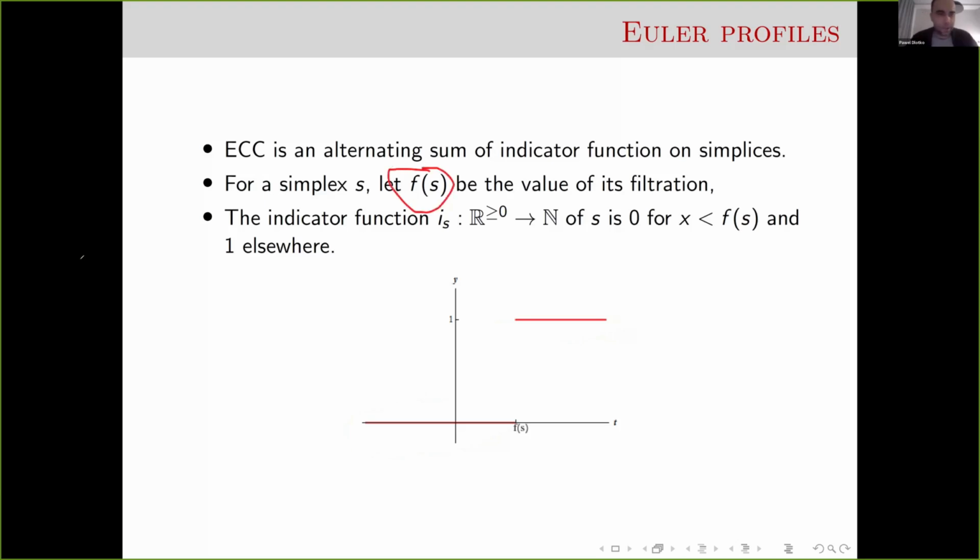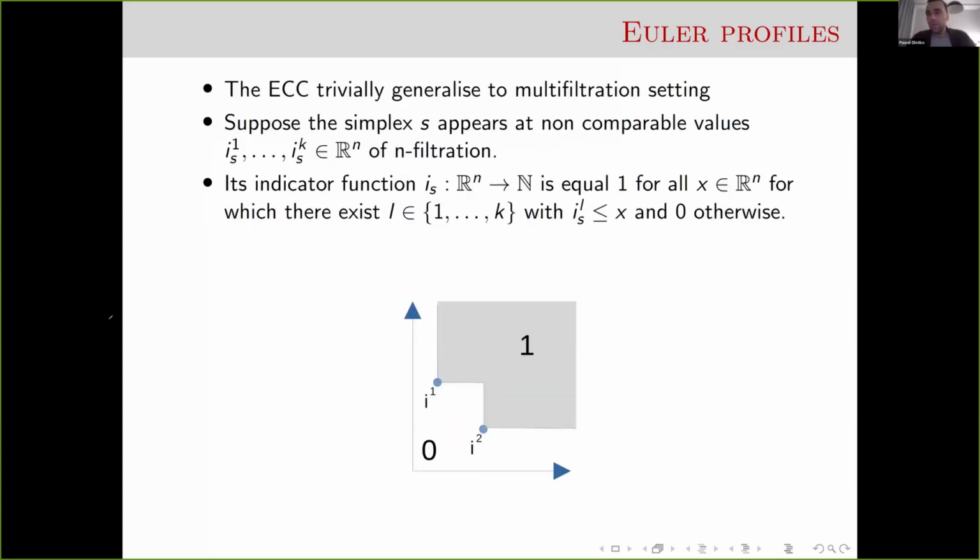And now the question is, what would happen if this filtration is not real valued, but a vector valued function? If you think about it for a second, you realize that not much changes. The only thing that we need to figure out is the correspondence of the step function, the Heaviside function, for multifiltration. Over here, I have an example of a two-critical bifiltration. It means that our simplex S appears at two non-comparable values, I1 and I2, of the multifiltration.